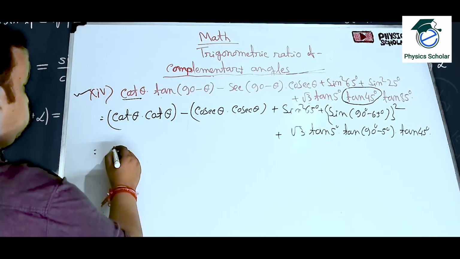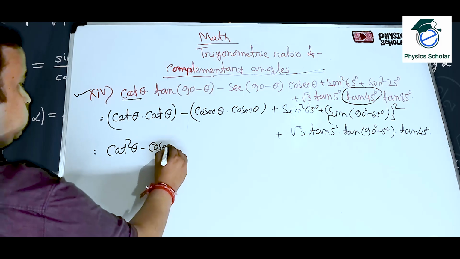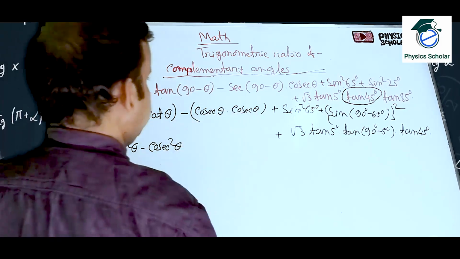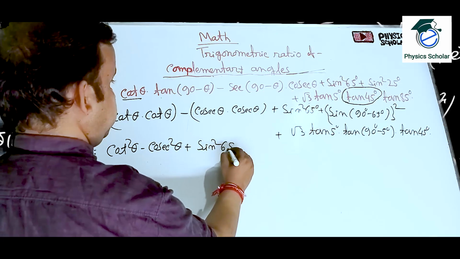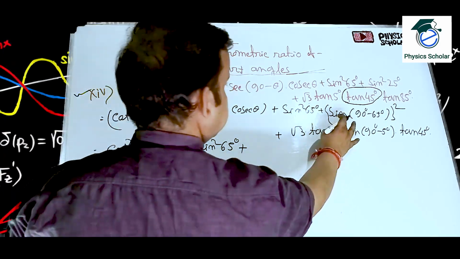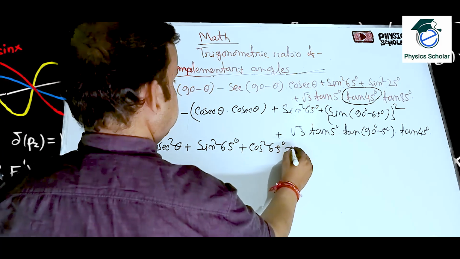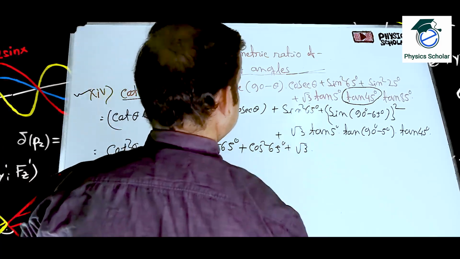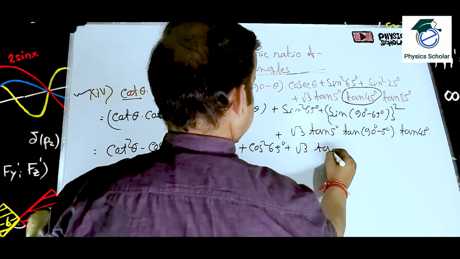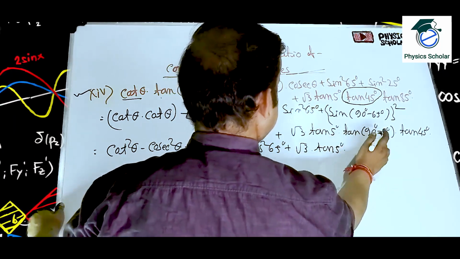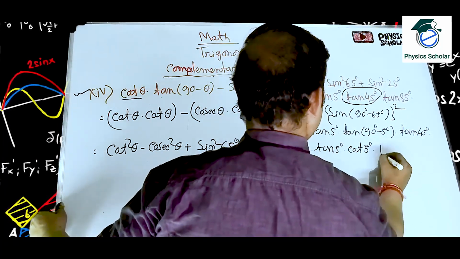Cos theta into cos theta means cos square theta minus cosec theta into cosec theta means cosec square theta, plus sin square 65 degree, plus sin 90 minus theta means cos square 65 degree, plus root 3 into tan 5 degree into tan 90 minus theta means cot 5 degree into tan 45 means 1.